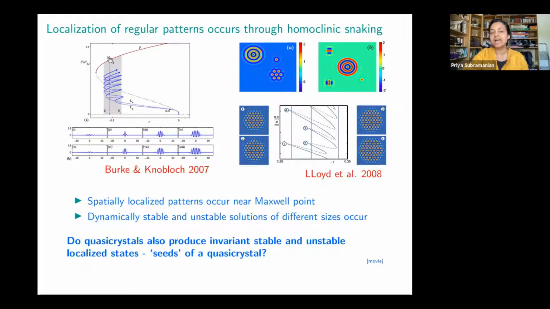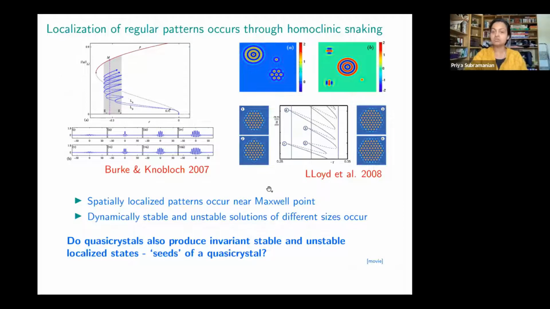If you calculate the free energy cost to make each of these patterns, we can identify a Maxwell point at which it costs the same energy to remain flat or to be in a fully periodic state. And around this Maxwell point, you can find a region where you could find a bit of the periodic state in the background of the flat uniform state. So that was in one dimension from the early 2000s.